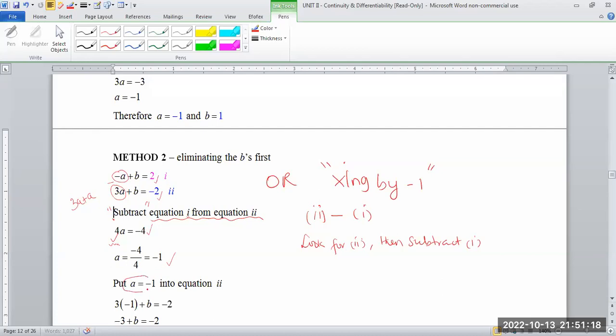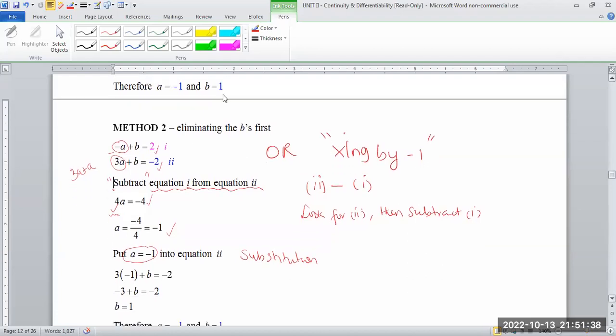And when I substitute into equation 1 or 2 or 3, anywhere in the equation I see a, I'm going to put in my -1. 3 times -1 is -3, plus b is equal to -2.